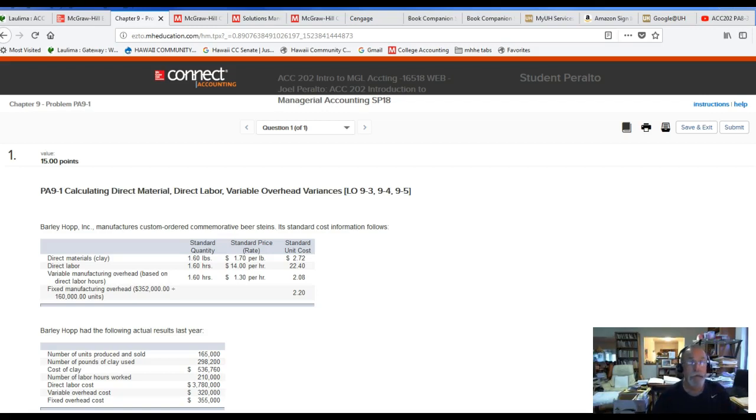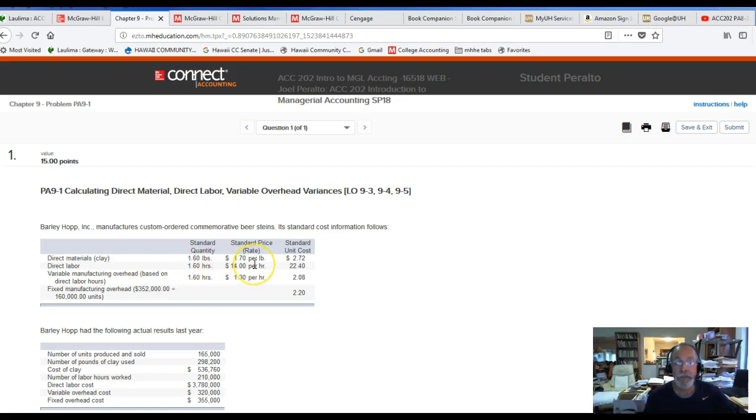So, okay, what do we have here? Barley Hop Inc. manufactures custom ordered commemorative beer steins. Oh, pretty cool. Custom ordered commemorative beer steins. Its standard cost information follows. So, for their beer stein manufacturing process, their standard cost information includes direct materials, which is clay. 1.6 pounds is their standard quantity.